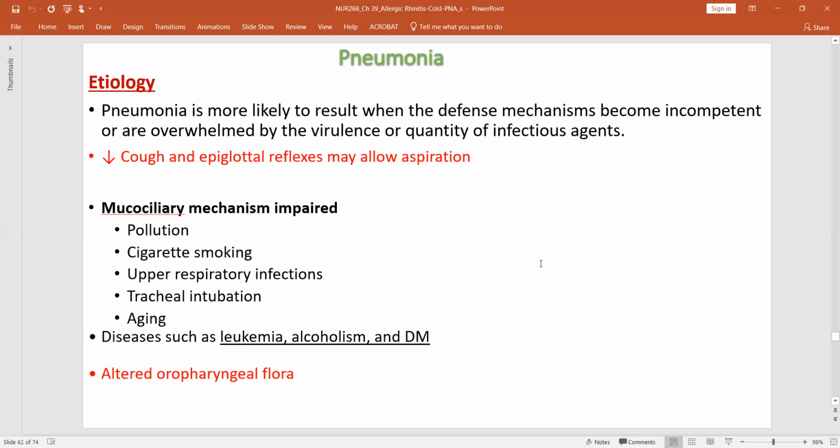Normally the airway distal to the larynx is sterile because of the protective defense mechanisms. These mechanisms include filtration of air, and warming and humidification of the inspired air.